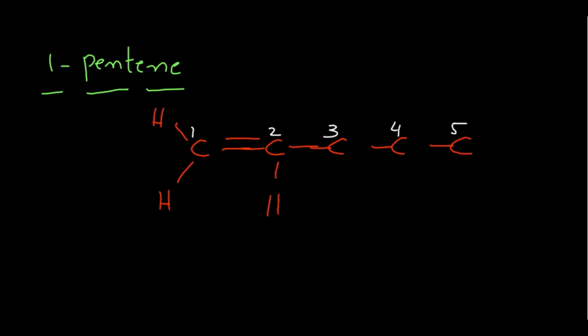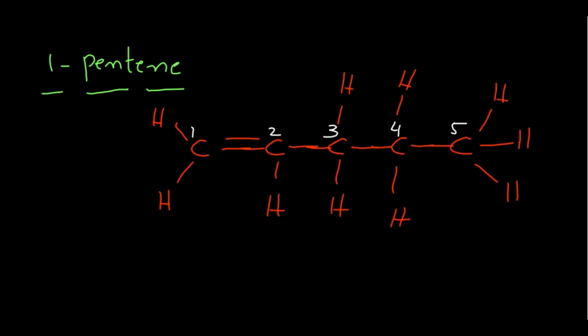For the third carbon, we add 2 hydrogen. Similarly, with the fourth carbon, we write 2 hydrogen, and with the fifth carbon, we add 3 hydrogen to make each carbon tetravalent. I hope this is clear to you, students.